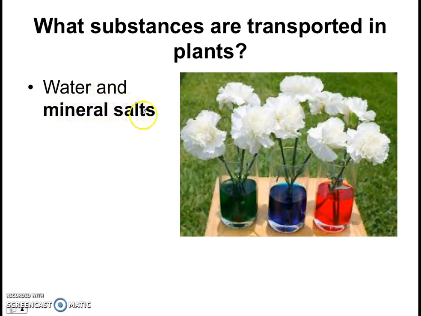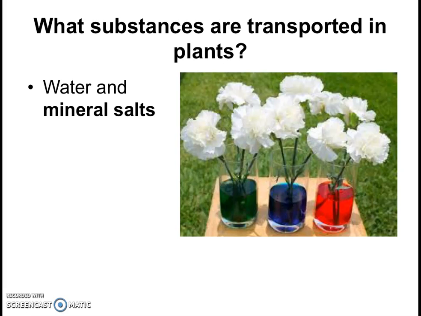So these mineral salts are dissolved in the water, and these mineral salts are also important nutrients for the plant to grow. So you might have heard of mineral salts, for instance, like potassium or magnesium, which are also important for plants to grow.